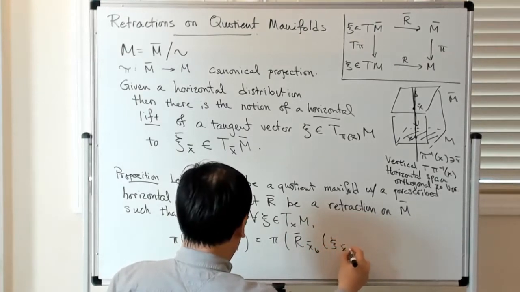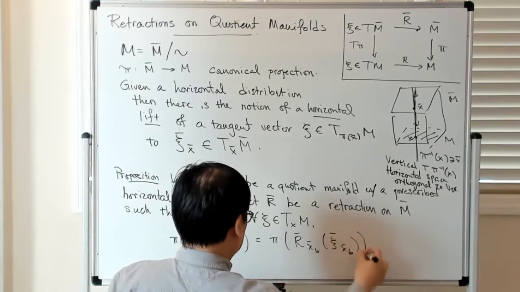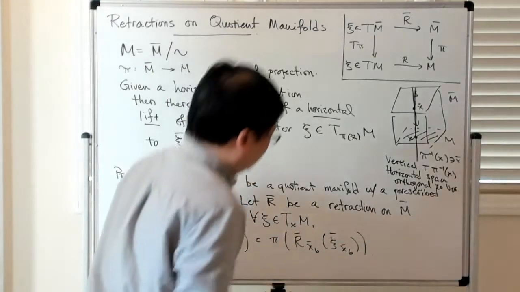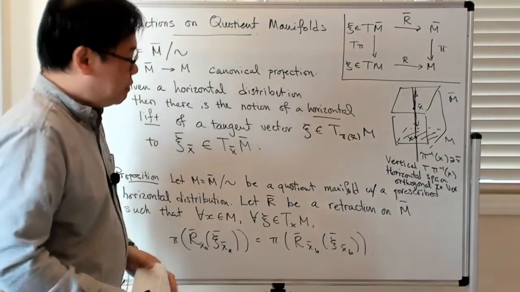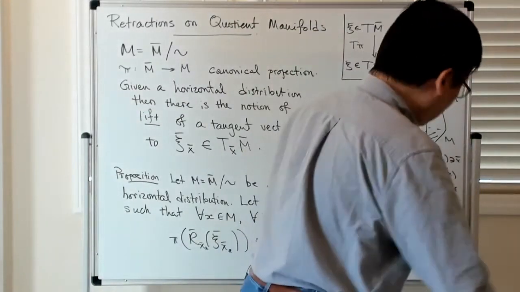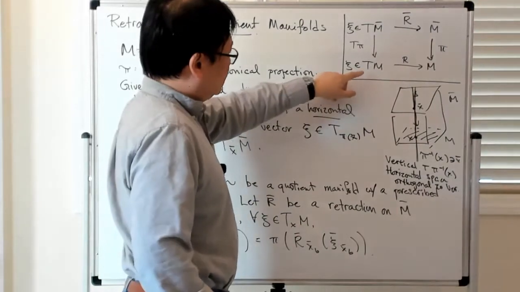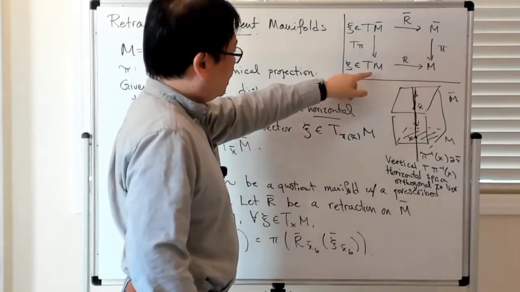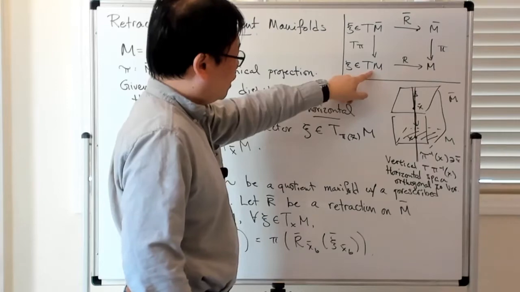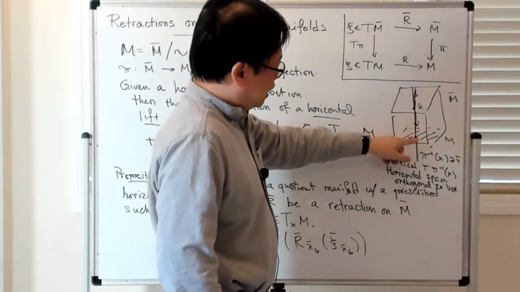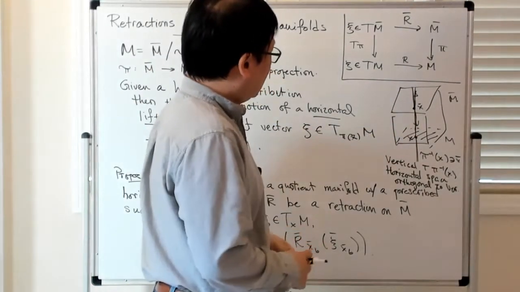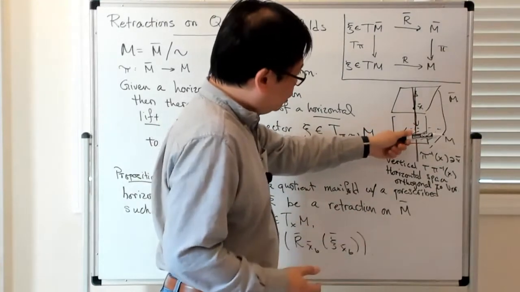Let me try to explain why you have to have a condition like this and what it even means. The problem is that you're now starting here in T M. There's a base point, which I'm calling X, and if I have the distribution, there's a horizontal lift.